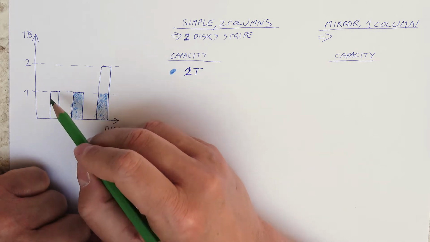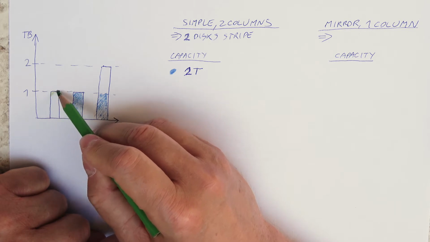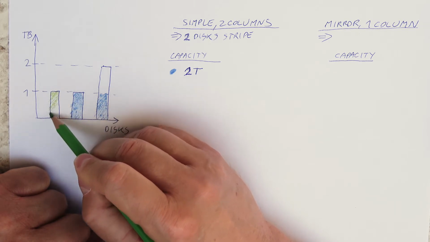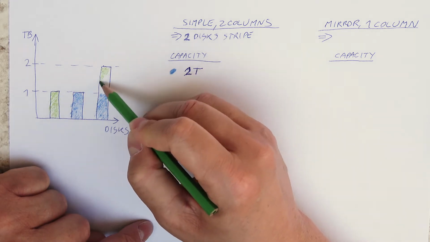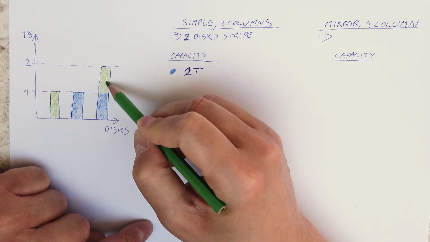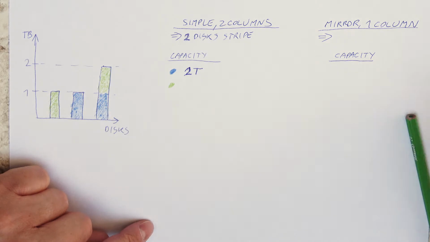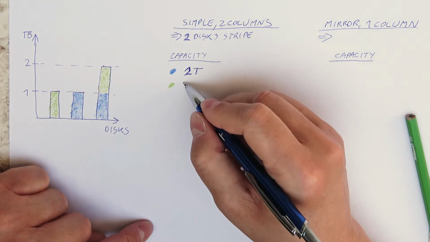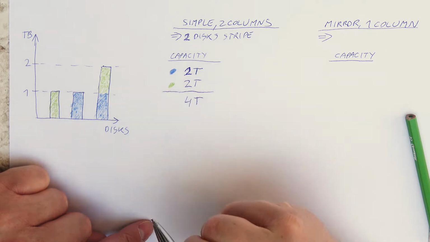The second disk is big, with 1 terabyte of free space, so we allocate 1 terabyte of free space from there, and from the previous bigger disk. Now in the second stripe we allocated 1 terabyte plus 1 terabyte, 2 terabytes. That means total capacity is 4 terabytes.